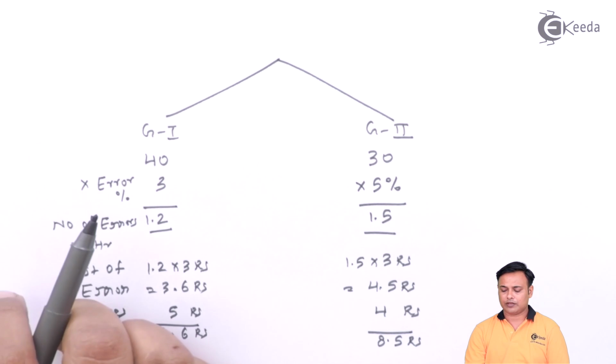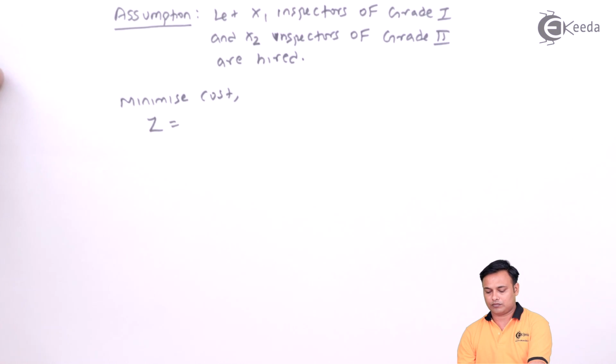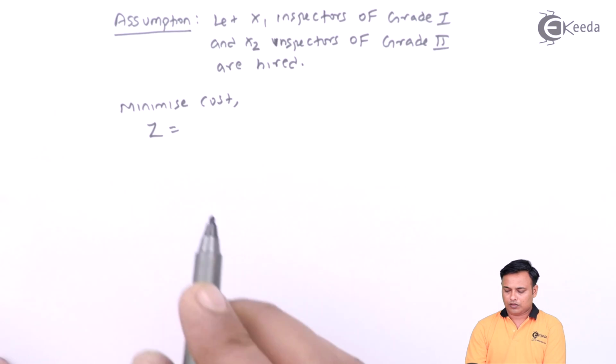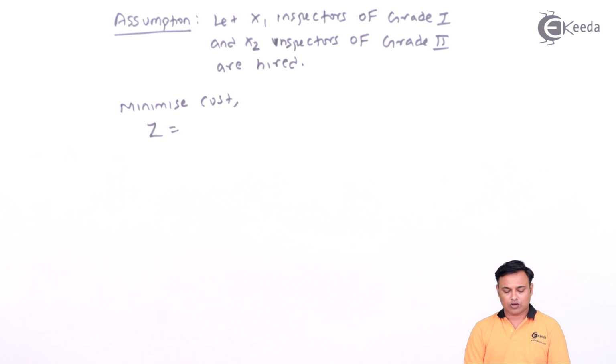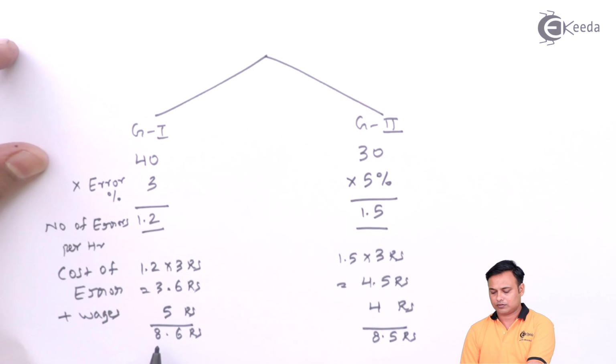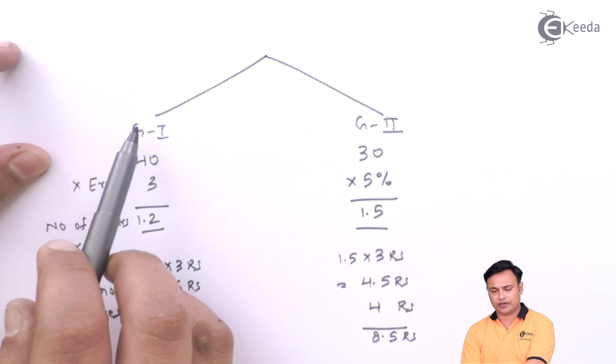The next thing will be again minimizing the cost. For grade 1 the cost incurred is 8.6 for 1 hour of grade 1 inspector.